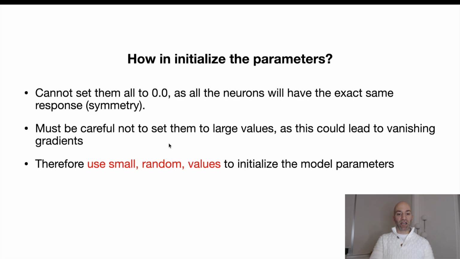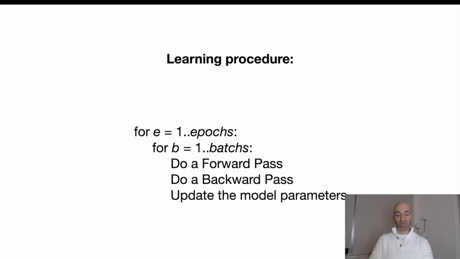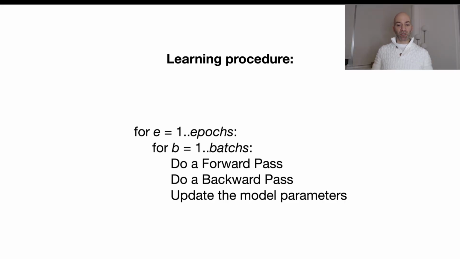The way that we actually get around these two problems is by simply initializing our model parameters to be small random values. That's a pretty good approach for accomplishing this task and for setting up the initial state of the model. So at a very high level, this is going to be our learning procedure.